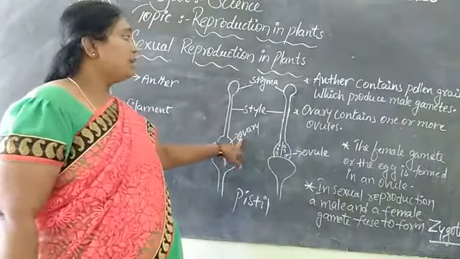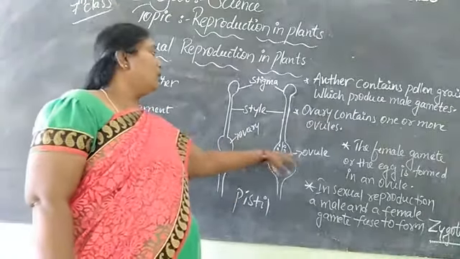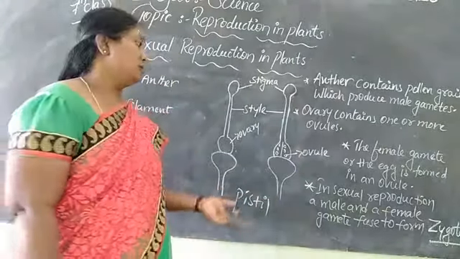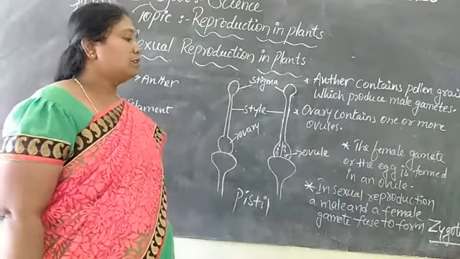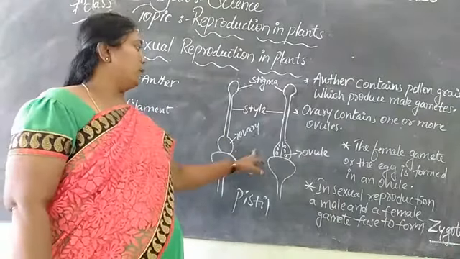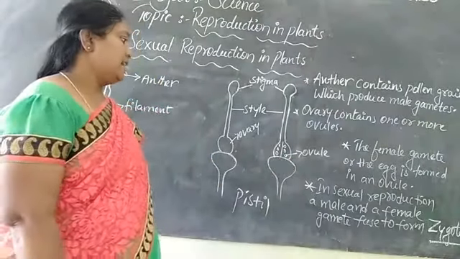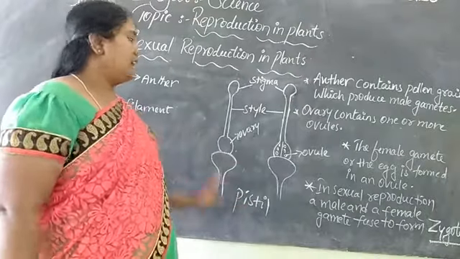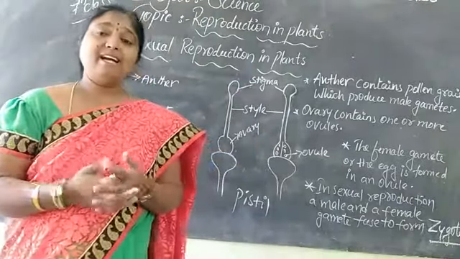What does the ovary contain? Ovary contains one or more ovules. The female gamete or the egg is formed in the ovule. So here the eggs will be formed for us. In sexual reproduction, the male and the female gametes fuse to form the zygote.